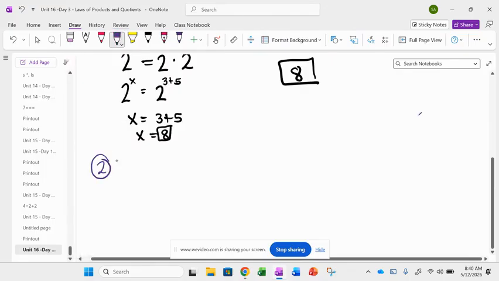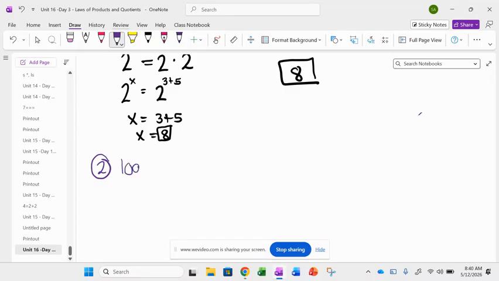tells us if I have log base b and now I'm dividing inside the argument, so x divided by y, this is the same as log base b of x minus log base b of y.